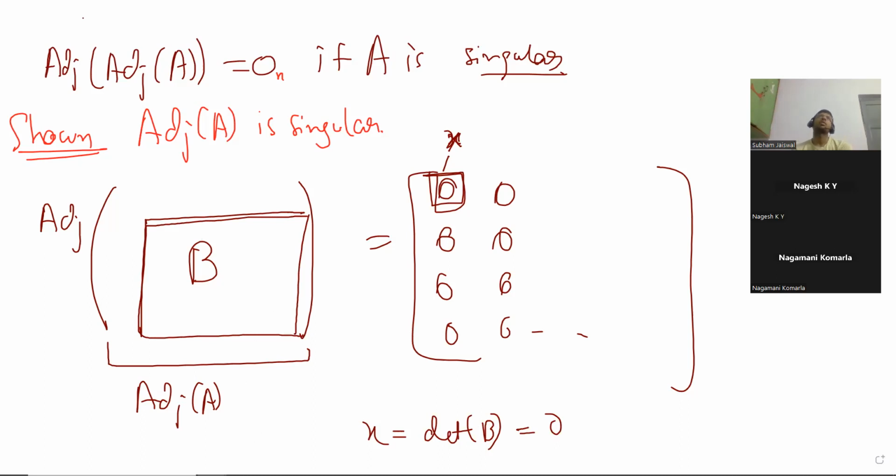Now if you want to show that this is singular, and not just that this is singular, but you want to show basically that any n minus 1 cross n minus 1 block of this adjoint of A, looking at this matrix and looking at any n minus 1 cross n minus 1 block, we want to show that its determinant is 0.